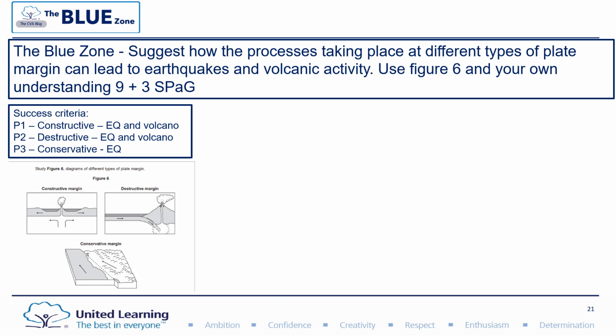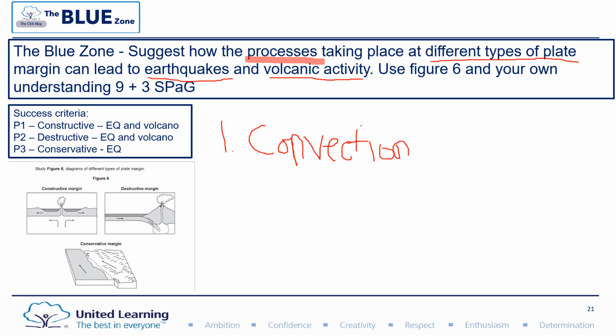Okay, so if we look at this, we're talking about processes at different types of plate margin that can lead to earthquakes and volcanoes. Remember, step 1 for any plate margin is going to be convection currents move the plate.